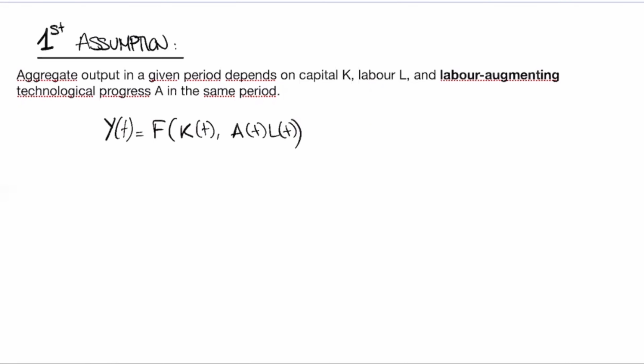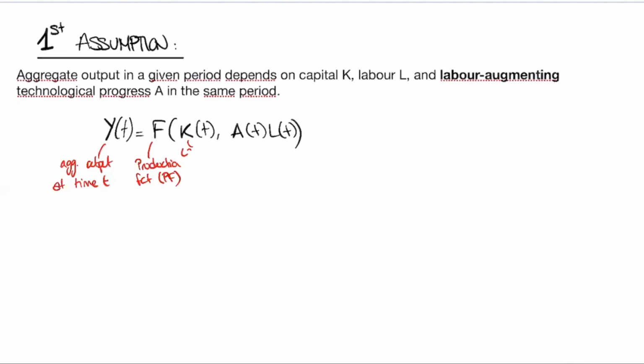So I've written down the equation for that. And so on the left-hand side, we have Y_t, which is the aggregate output at time t. Then F is the production function that we will denote as PF most of the time.